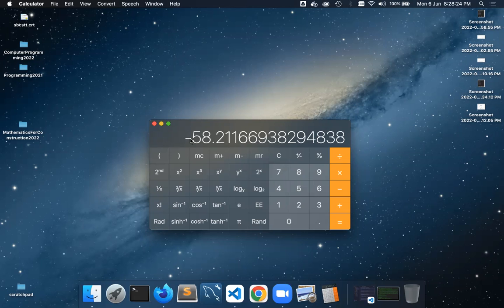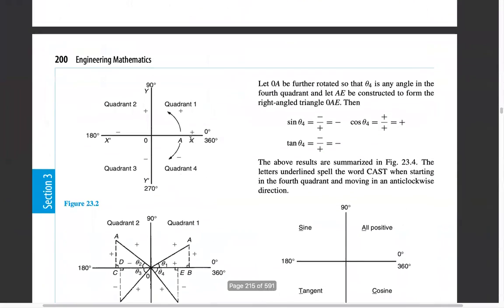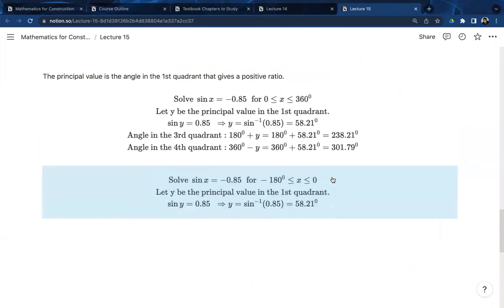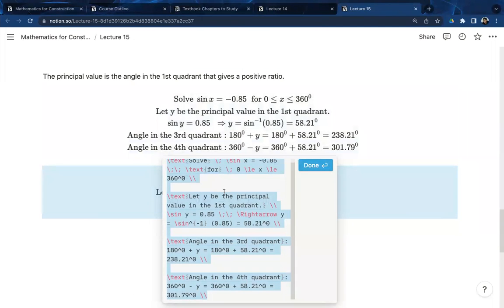A negative acute angle is an angle in the fourth quadrant, right? The magnitude is less than 90 degrees, but it's negative, so it's clockwise. So that's a fourth quadrant angle. But we know that's a legit angle, okay? But we could do the same thing.